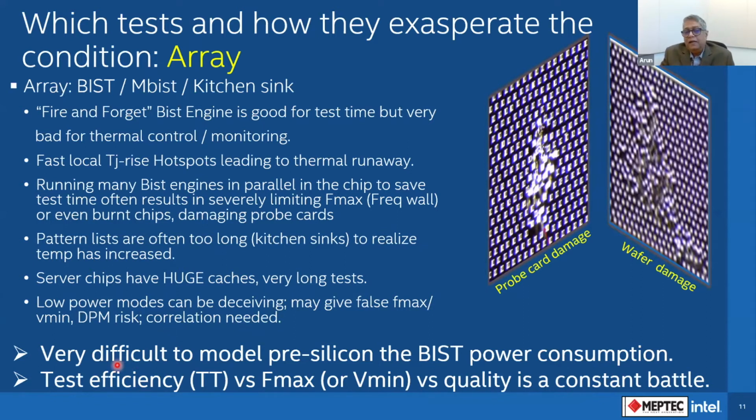And the worst part is it's almost impossible to do a pre-silicon BIST power consumption model to make sure how much we need to test and how much we need to space out. If I go and ask my designers, they say, I don't know, you find out post-silicon, right? So the test efficiency, test time versus Fmax and quality is a constant battle over here.